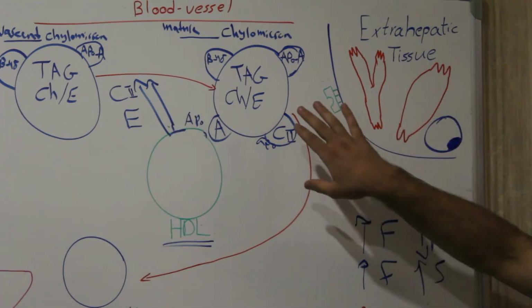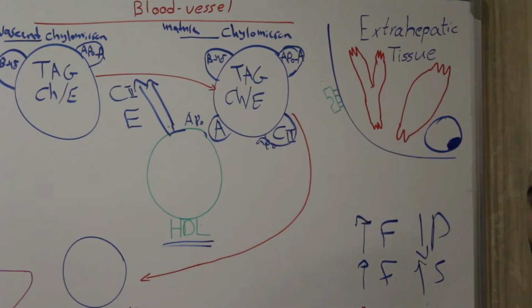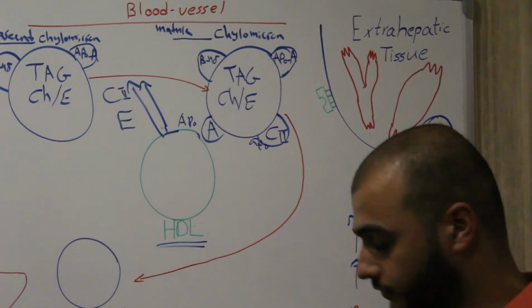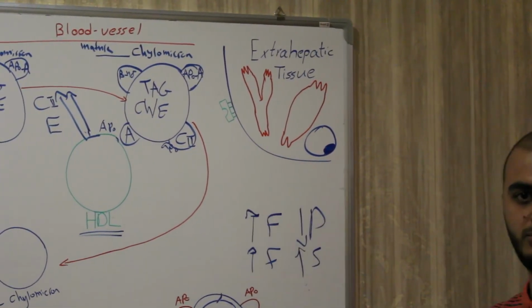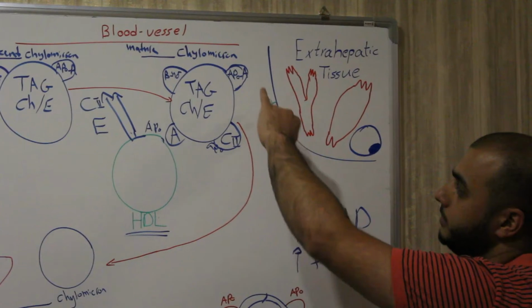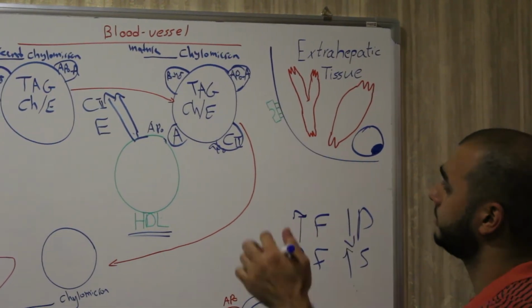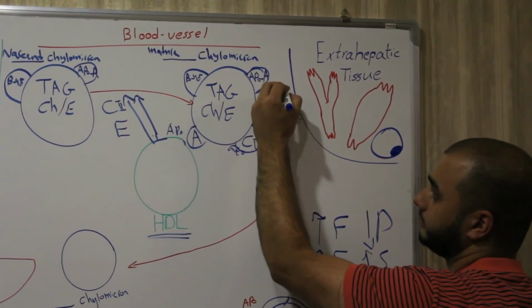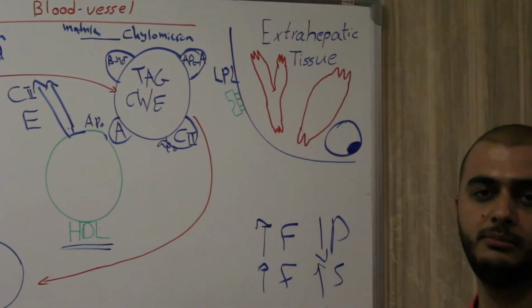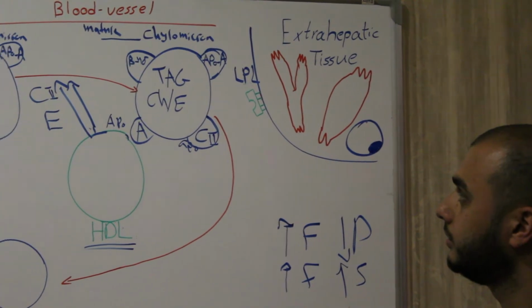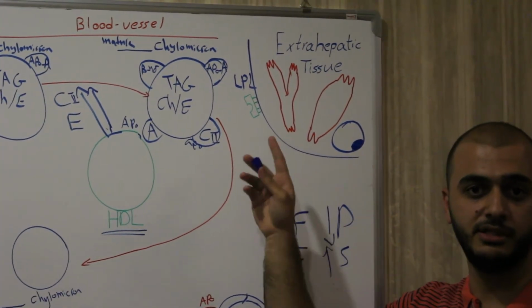Then this chylomicron will move into the capillary beds of extrahepatic tissues, where it will meet an enzyme lined on the capillary wall. Look at this enzyme. We call it LPL enzyme, lipoprotein lipase. But don't think that this enzyme is a simple enzyme.